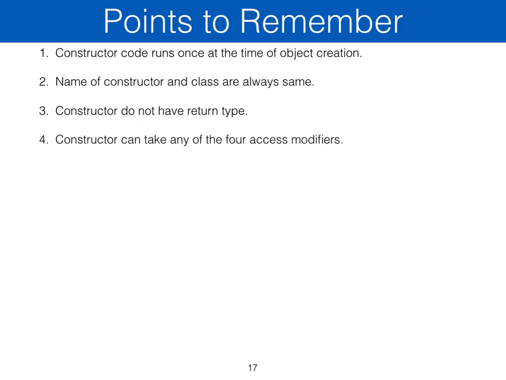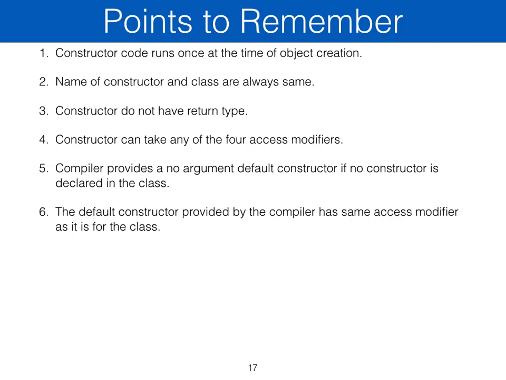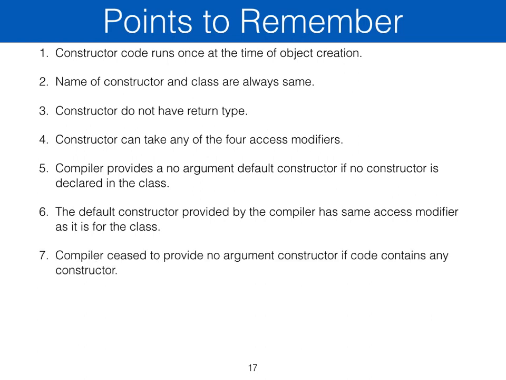Constructor can take any of the four access modifiers. Compiler provides a no argument default constructor if no constructor is declared in the class. The default constructor provided by the compiler has the same access modifier as it is for the class. Compiler ceases to provide a no argument constructor if code contains any constructor.